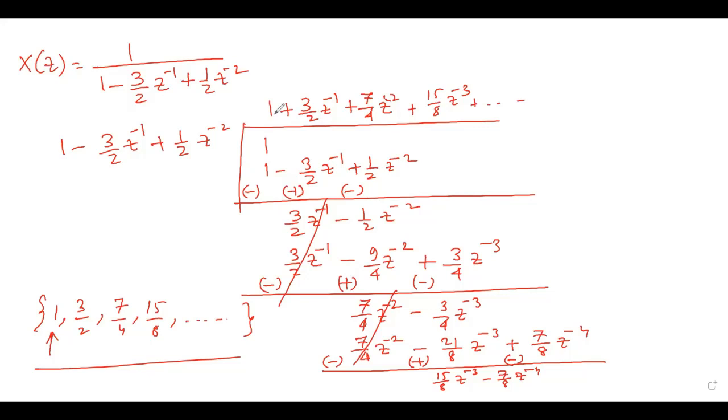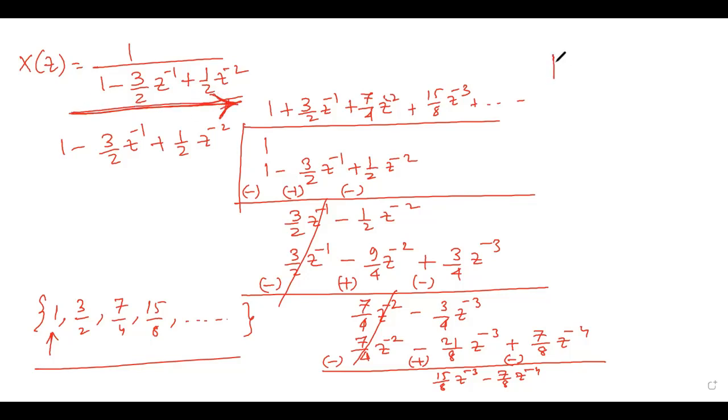If it asks for a left hand side series, in that case you write z to the power minus 2 first. This is the decreasing order of power.